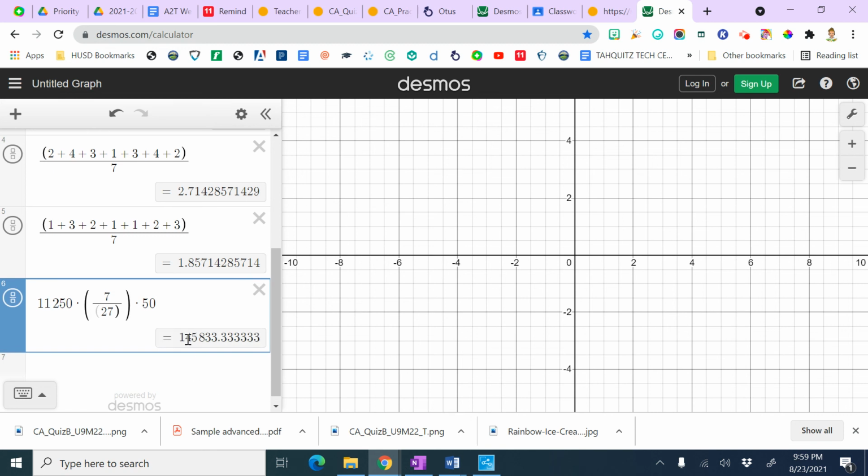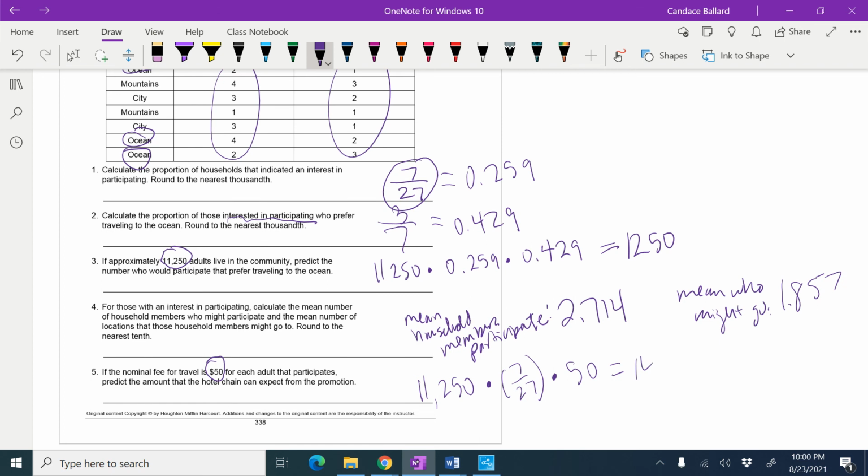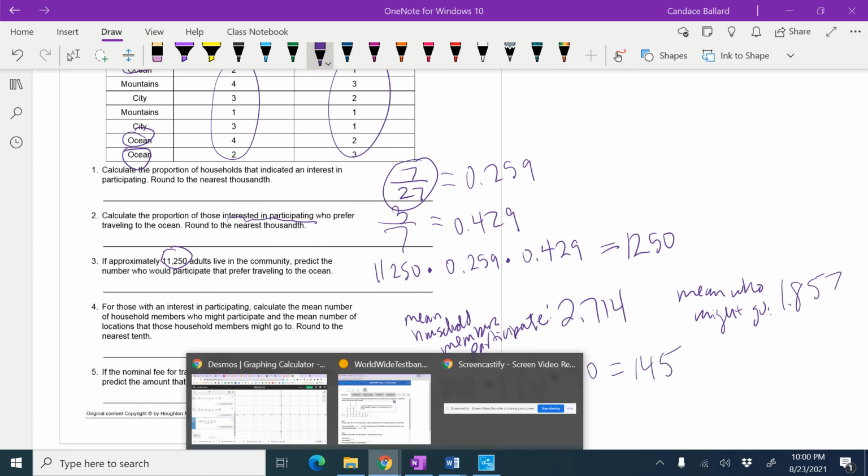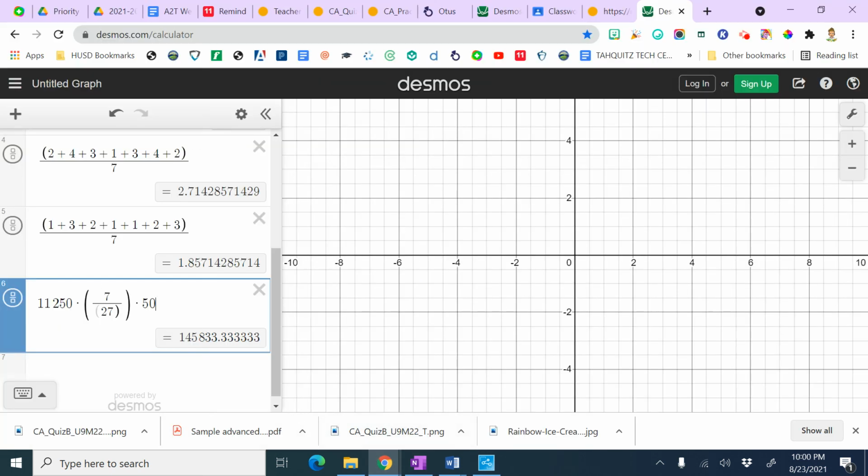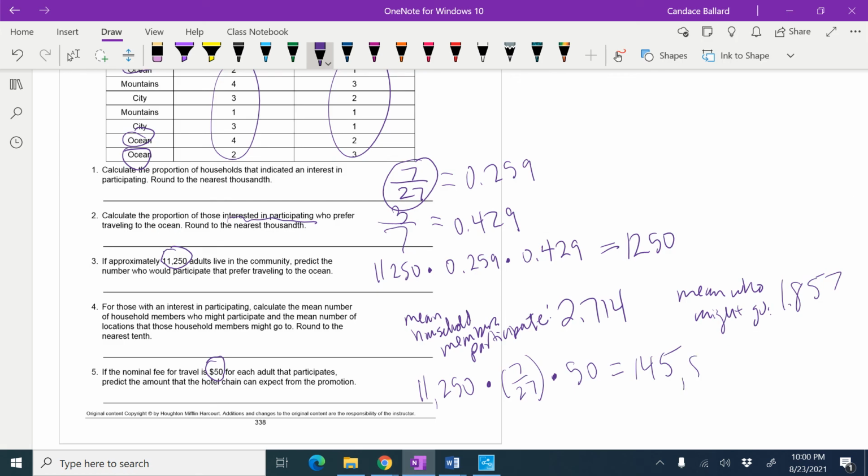So 145,833.333. So we could do this here, and we could probably chop off this 3 right here since it's money. It would make more sense to go to the hundredths place.